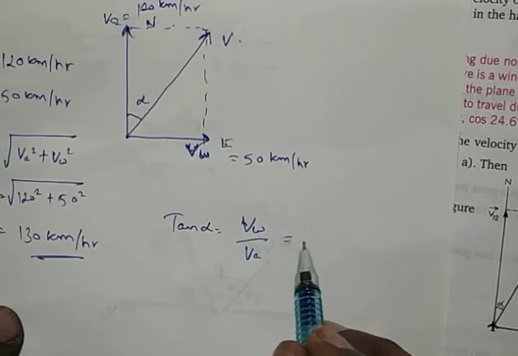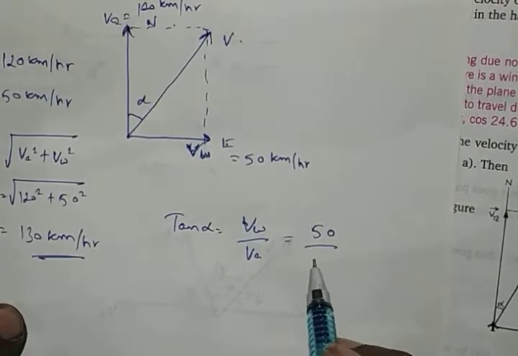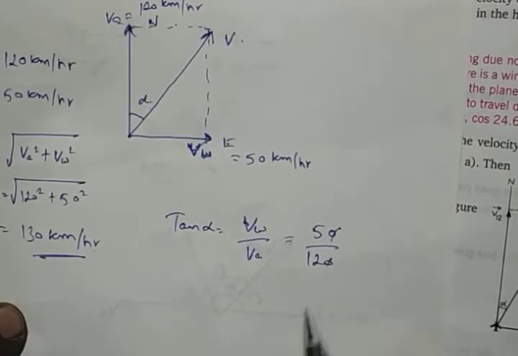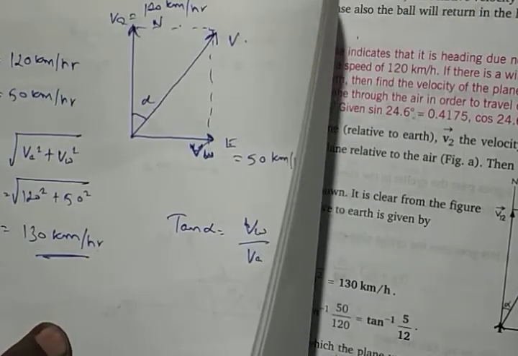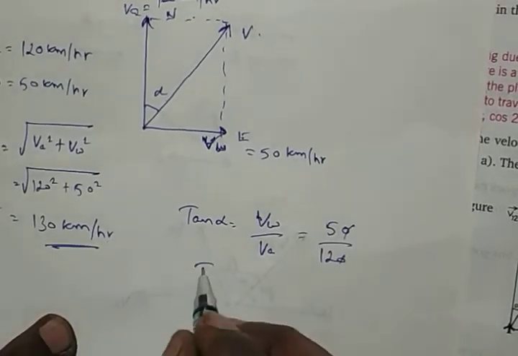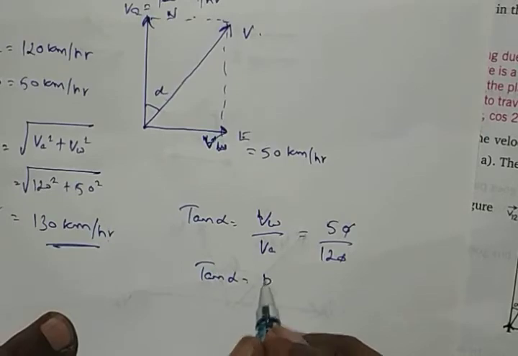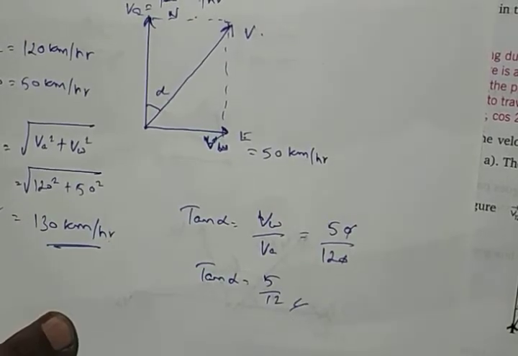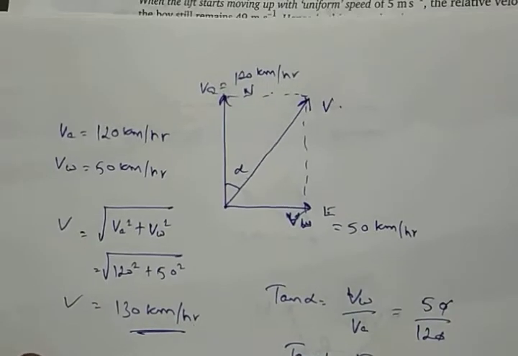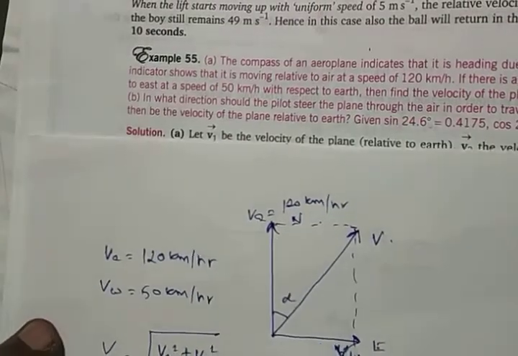So you get here 50 upon 120. You can cancel the 2 and you will get tan alpha equal to 5 by 12. So that will be the angle you can calculate. Now we'll see the second part of the question here.